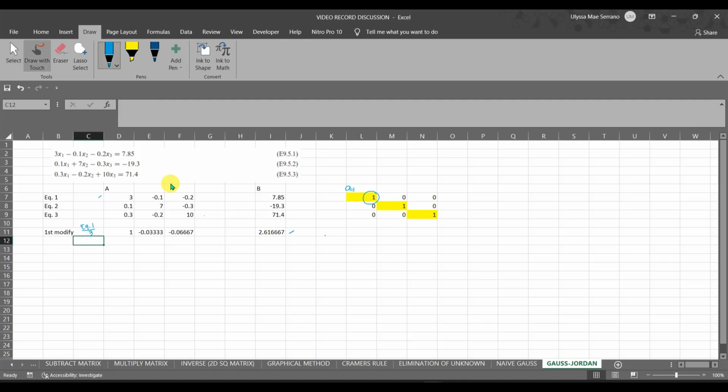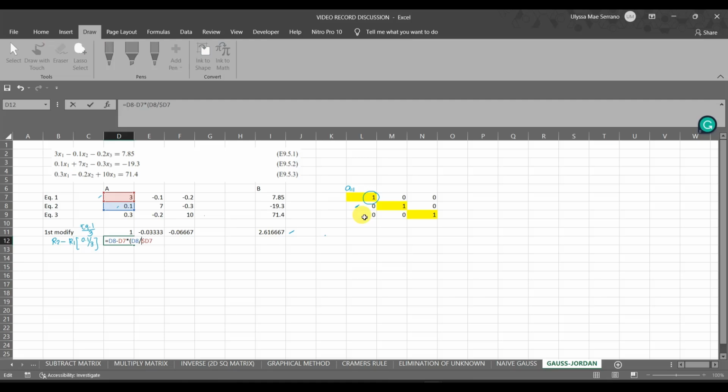For the second part of the first modify, we need to make this value 0. So row 2 minus row 1 times 0.1 divided by 3.